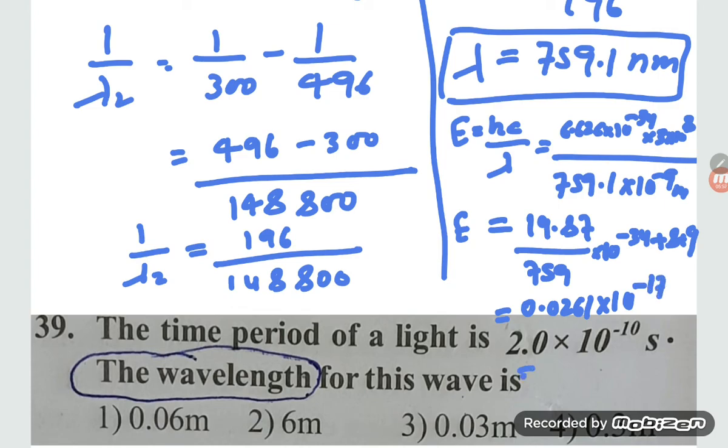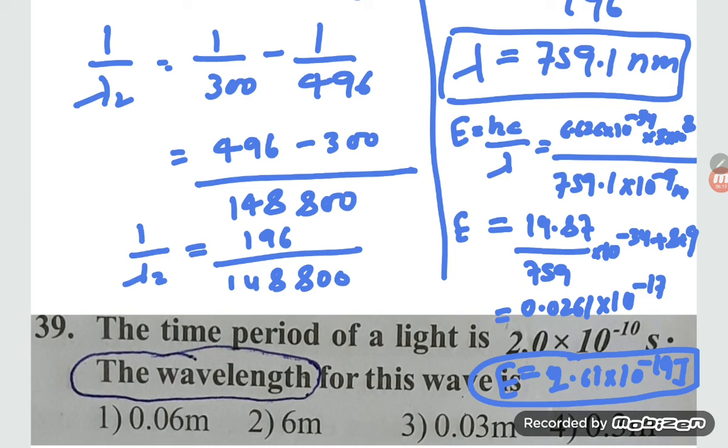Putting it in scientific notation, it is 2.61 into 10 power minus 19 joule. So this is the energy, student, 2.61 into 10 power minus 19 joule.